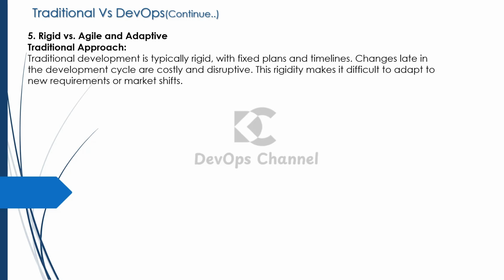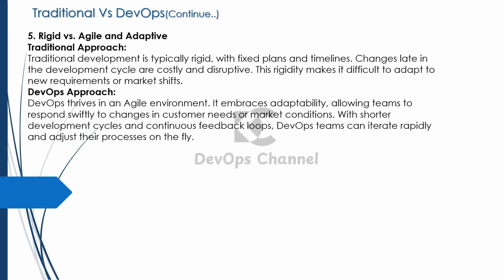While DevOps is done in small sprints, it embraces adaptability, allowing teams to respond swiftly to changes in customer needs or market conditions. They have shorter development cycles and a continuous feedback loop, so development teams can iterate rapidly and adjust their process on the fly, whatever the market needs.